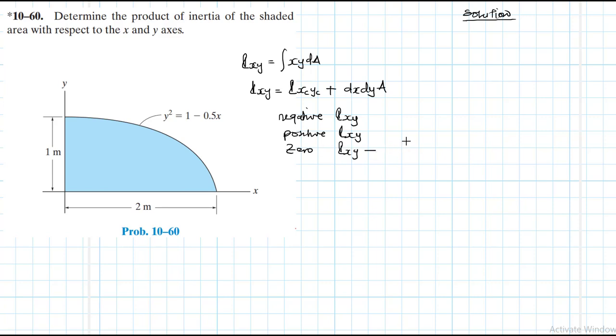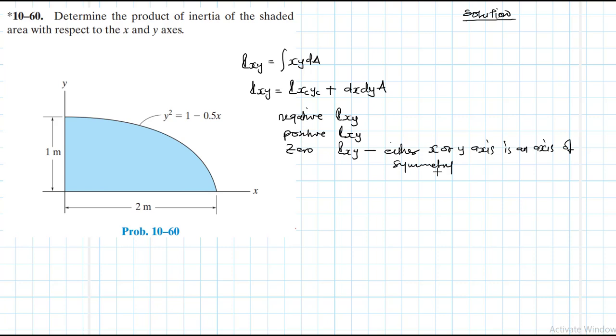The zero product of inertia takes place when either the x or y axis is an axis of symmetry.